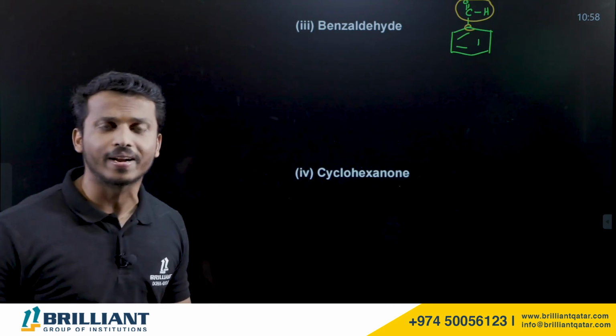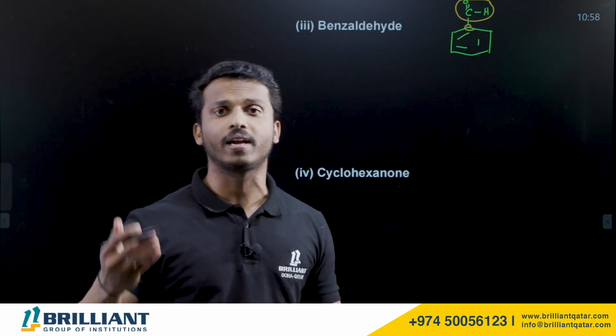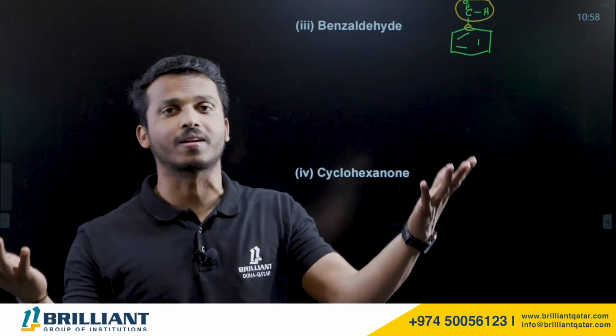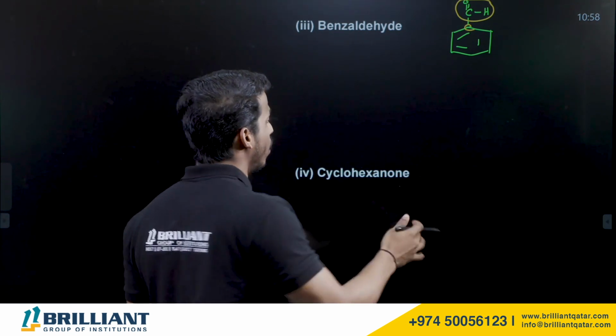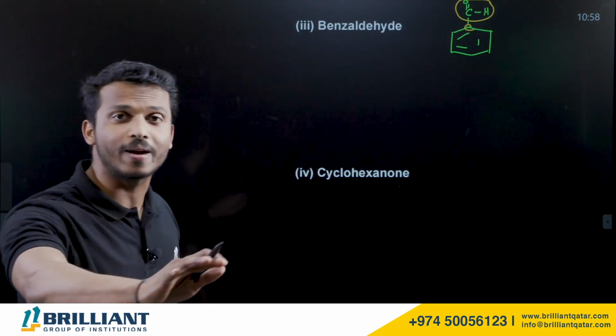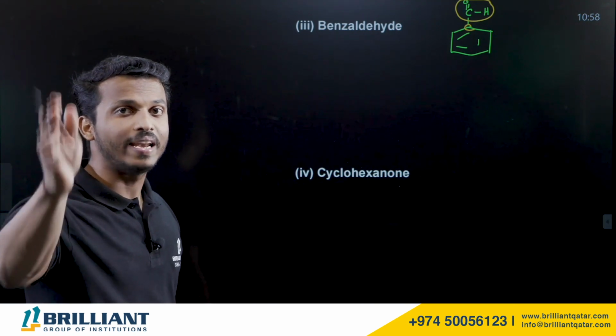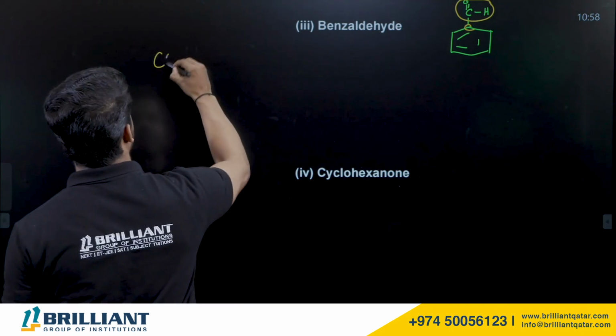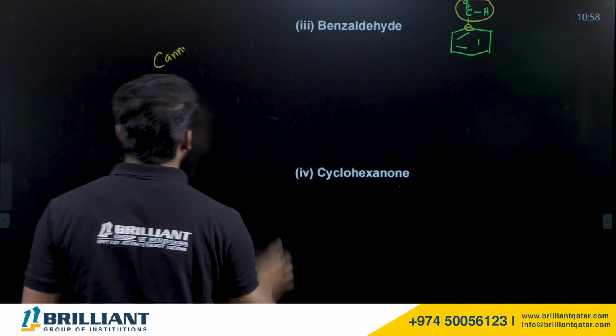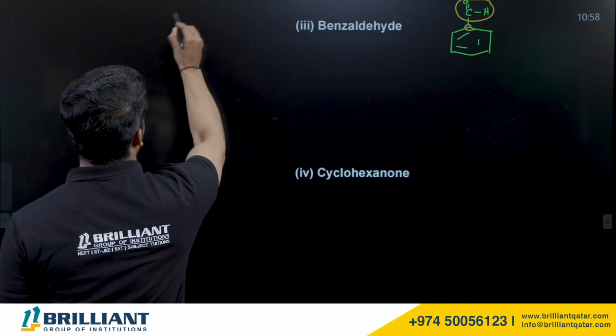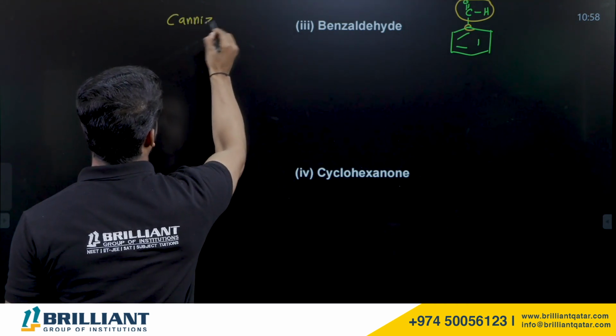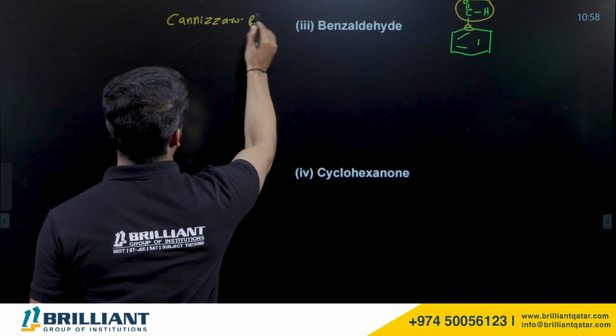Does it contain any hydrogen? No, they already completed all 4 valency with other carbon atoms, no hydrogen. So if there is no hydrogen in the system, it can undergo Cannizzaro reaction. Alright, benzaldehyde also can undergo Cannizzaro reaction.